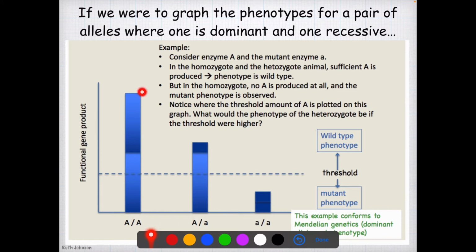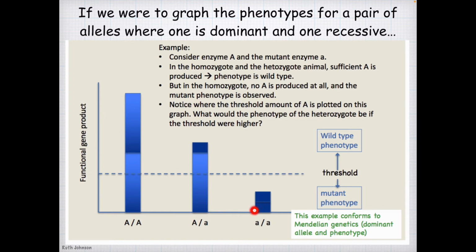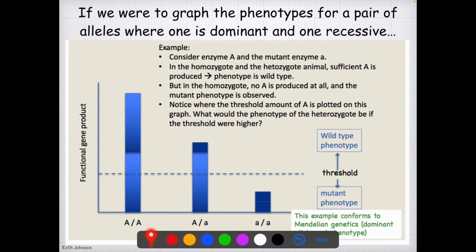So notice that both of these are above this dotted line, which indicates that they are showing the dominant phenotype. Now, this individual, as we would predict by Mendel's laws, has a homozygous recessive genotype, and they also show the recessive phenotype.